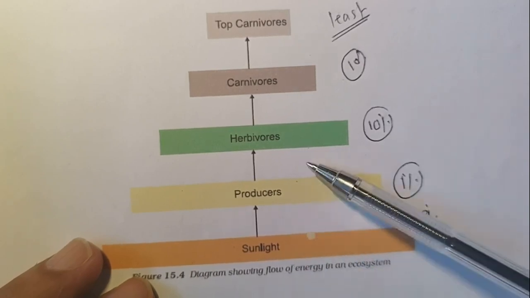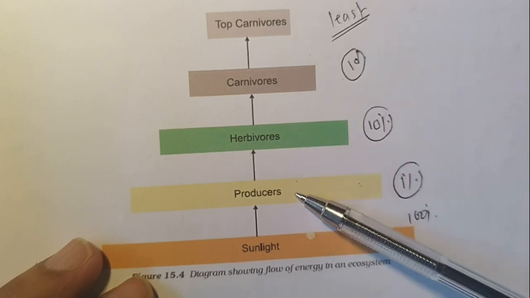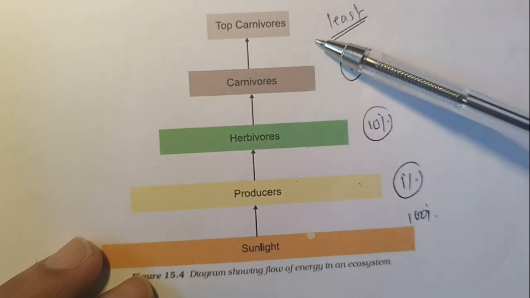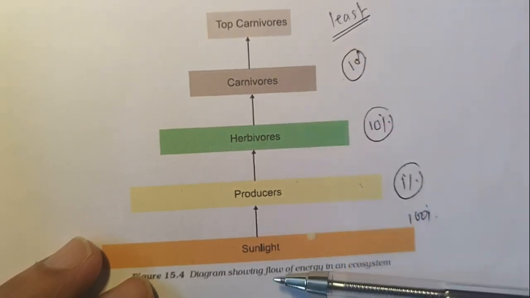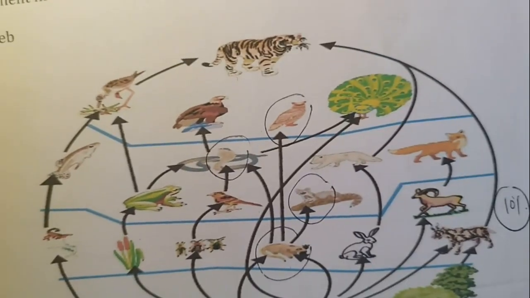Energy passed to the herbivores does not come back to the autotrophs. It moves progressively through various trophic levels, and it is not available for the previous level. Understand this principle. It's unidirectional.